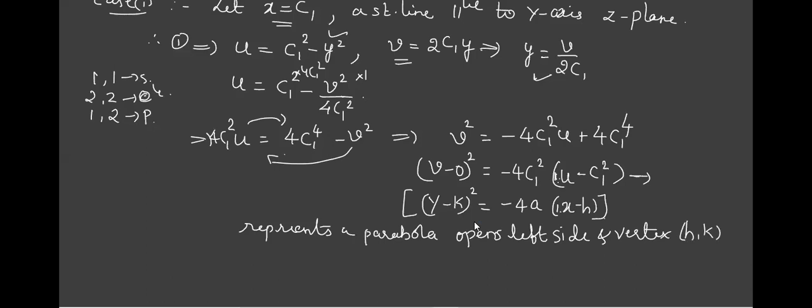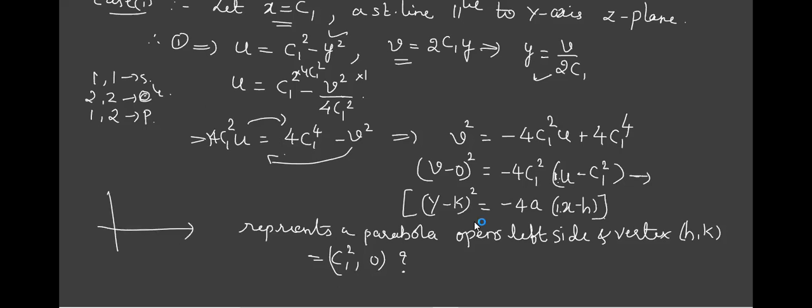Compare these two. Tell me what is h. Minus h is c1 square. And what is k? 0. Tell me, this c1 square comma 0, where does it lie, if I'm talking about the w plane?